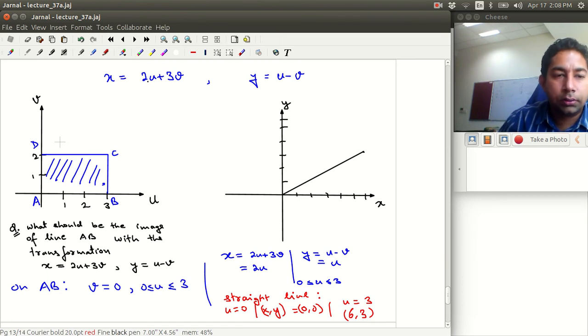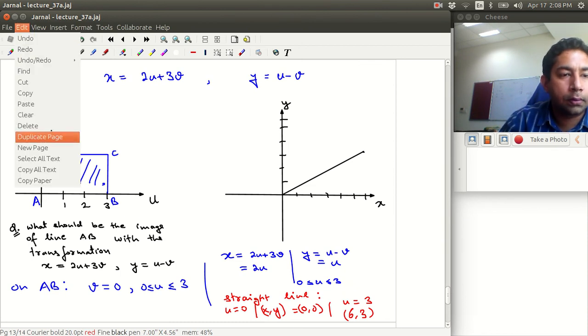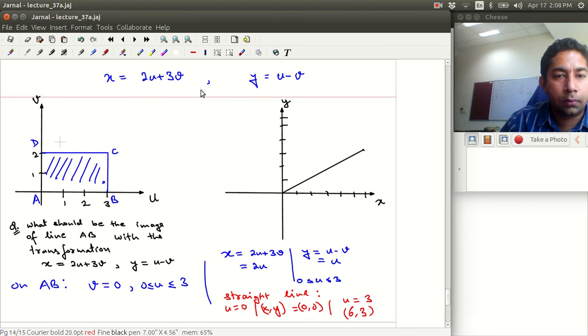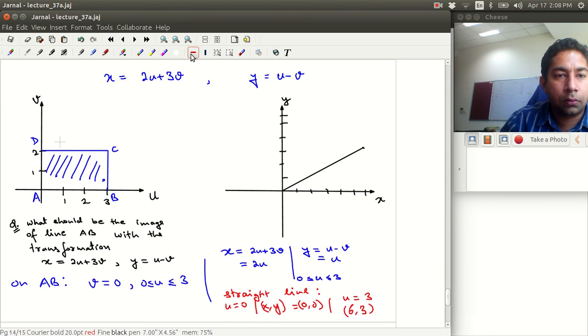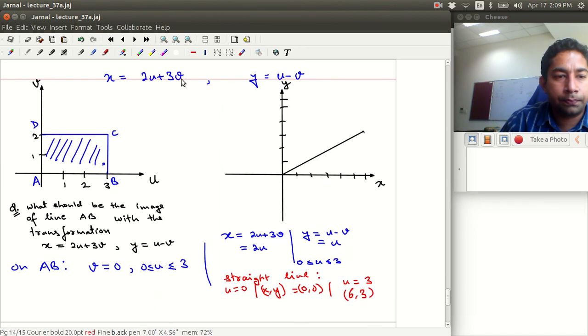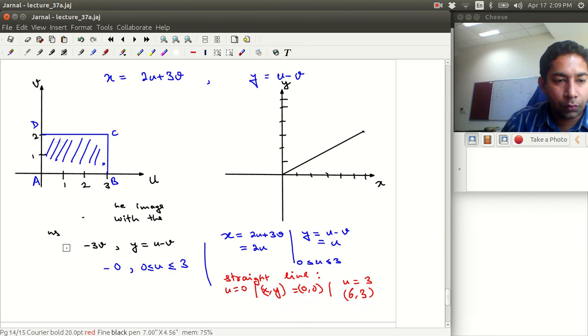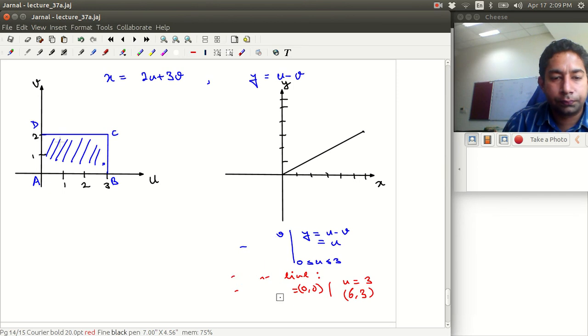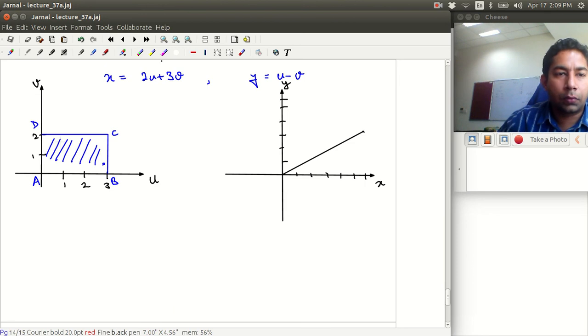Okay, so let's duplicate the space and create some space for editing. Then we ask the question: the image of line AB under the transformation x is equal to u.